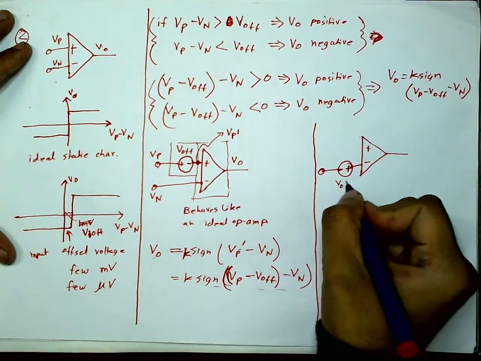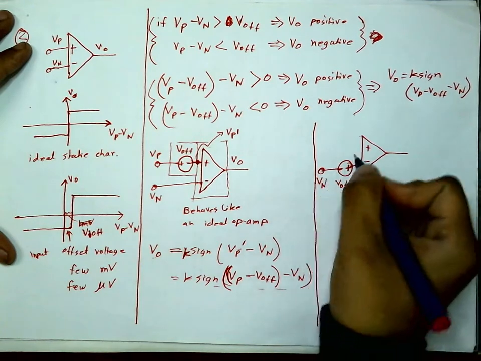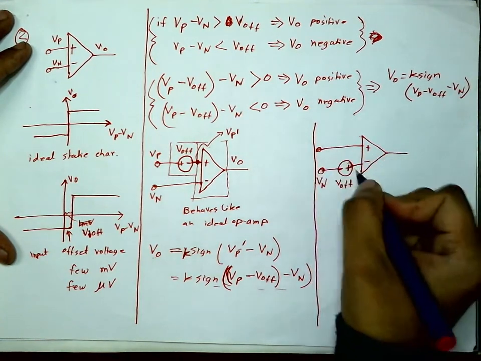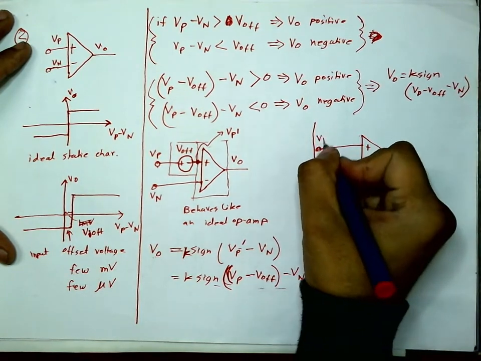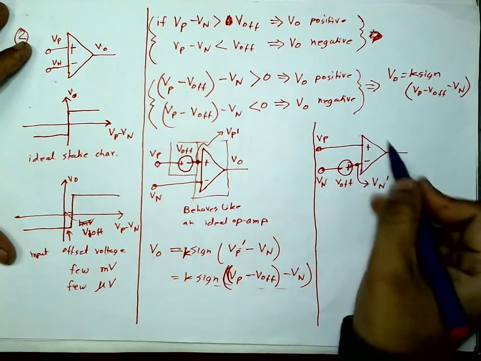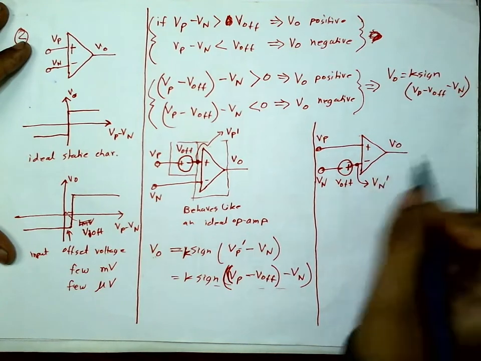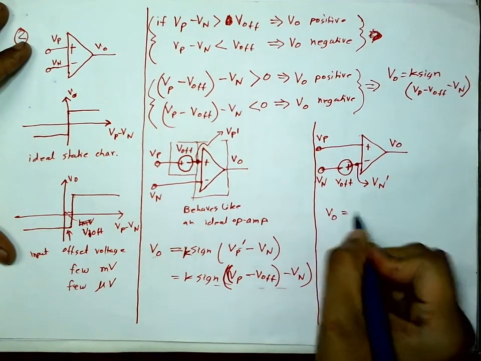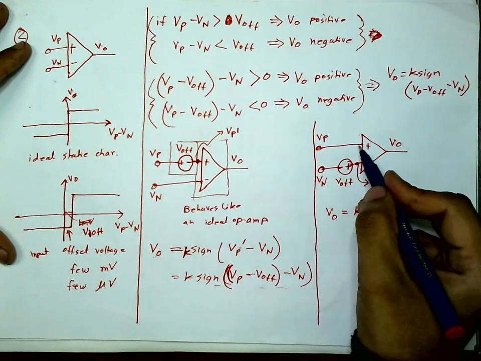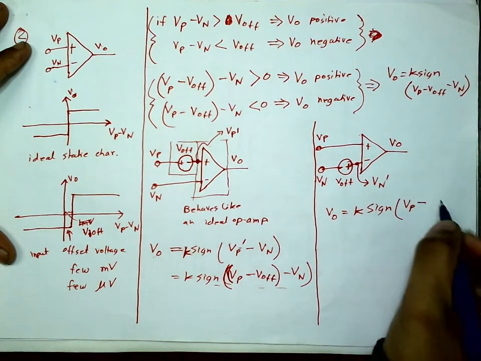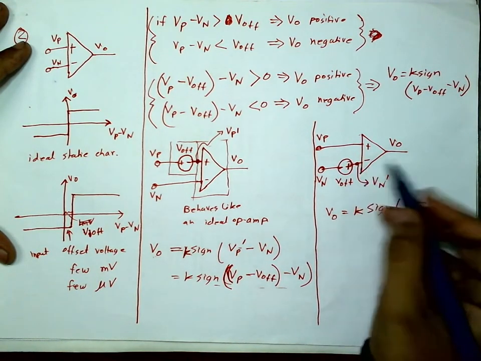This is V off, this is Vn, and Vp is here. And this point I'll call Vn prime. This part is an ideal op amp, so we can write Vo is sign of Vp minus Vn prime.